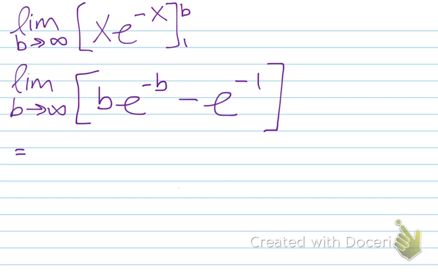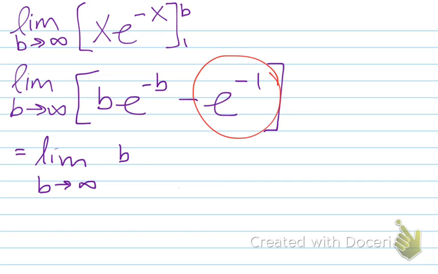The e to the negative 1, this piece here, just equals 1 over e. So we'll come back to that in just a minute. But over here I can rewrite this first part as the limit as b goes to infinity of b over e to the b minus 1 over e. We just said that was 1 over e.